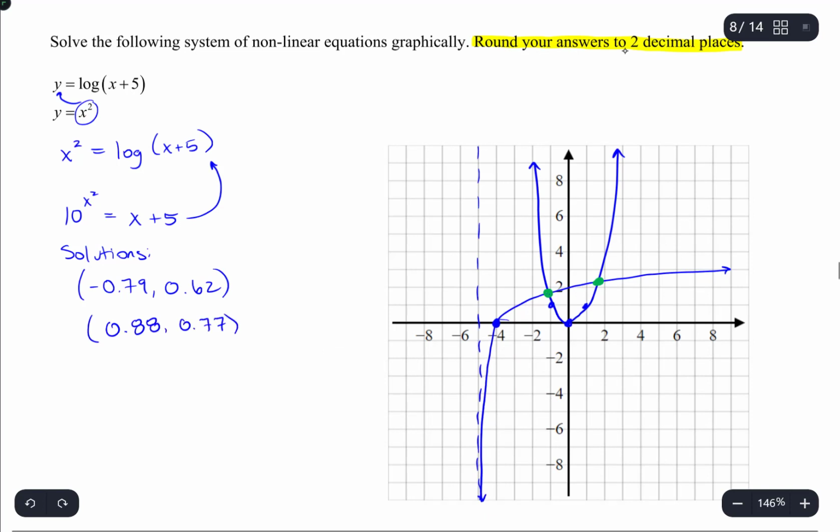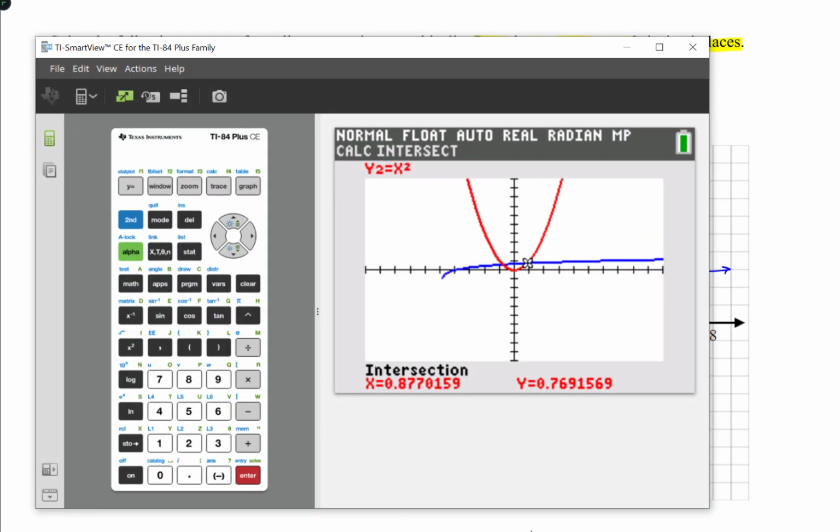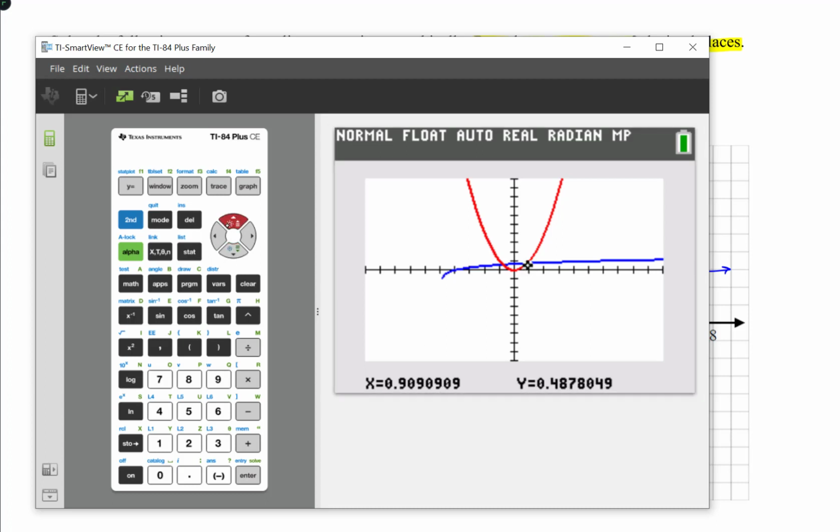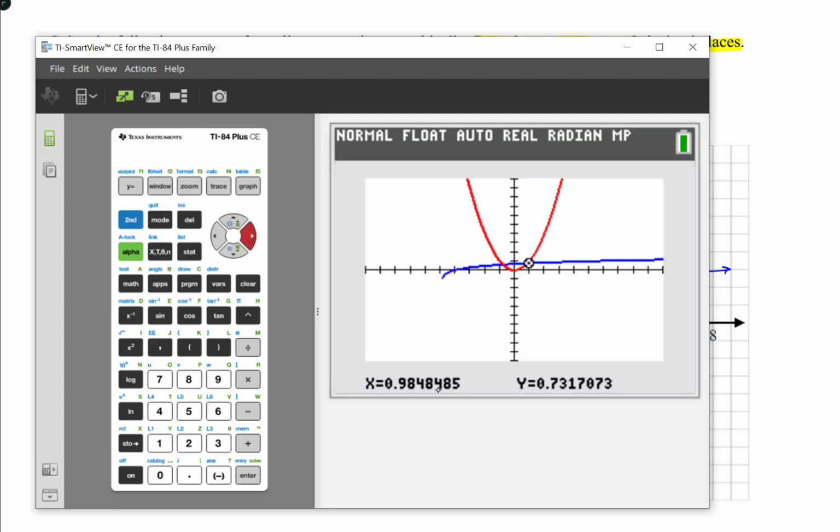Now, there's always a student that will try to use the cursor. Let me just hit graph and cancel all that out. As you move the cursor, you can see it drags along x and y coordinates. If you get your cursor near that intersection point, you're certainly going to get something close to those values, but they're not accurate to 2 decimal places.